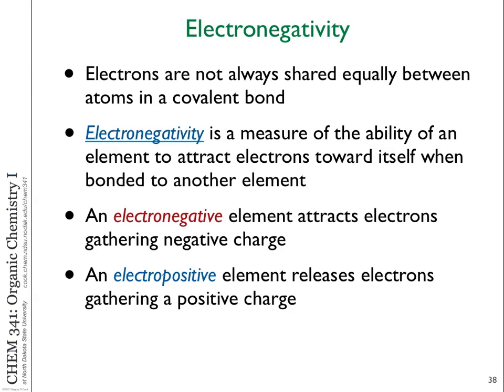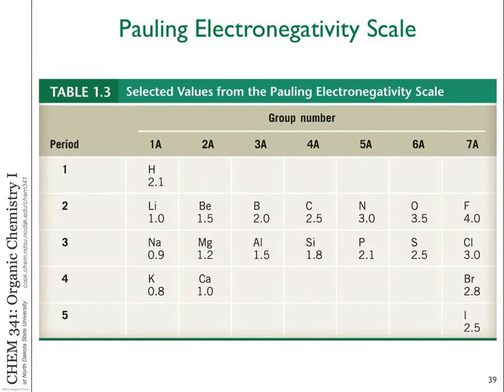Okay, so it's important to know a little bit about electronegativity and which elements are electronegative and which elements we refer to as electropositive. Okay, and the greater the difference between them, the more polar or polarized the bond. And we have a scale for measuring the electronegativity of various elements called the Pauling electronegativity scale.